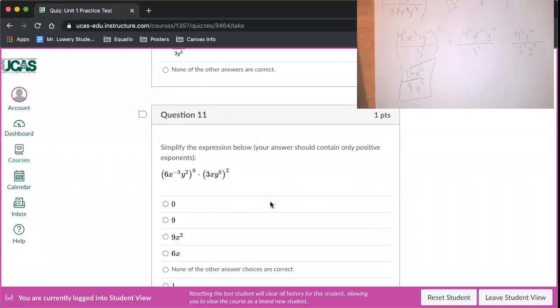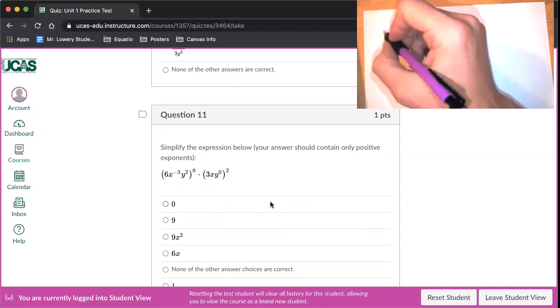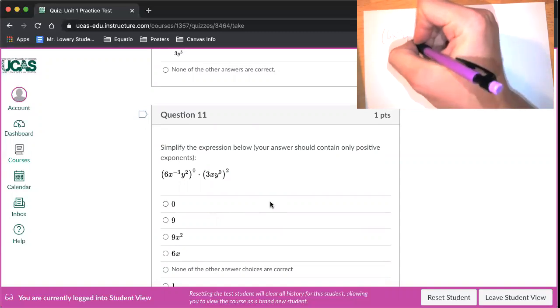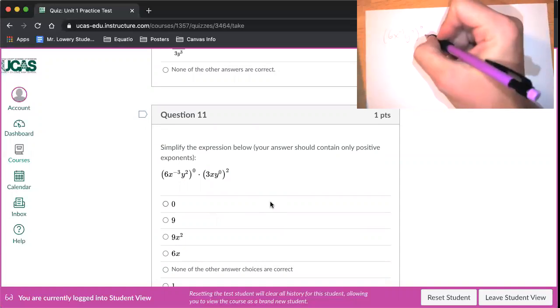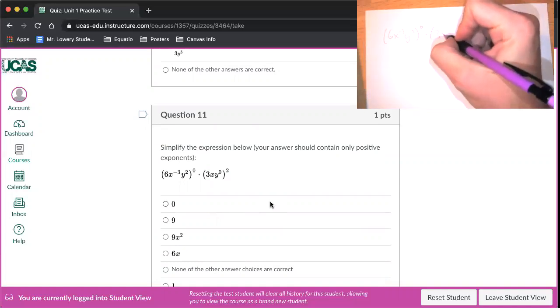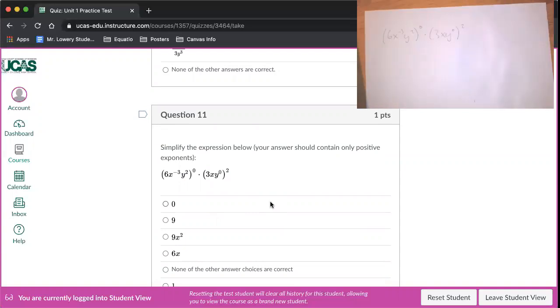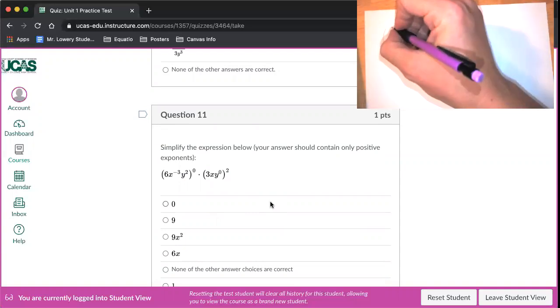All right. Now this one has a couple of 0 exponents. So the point is anything raised to the 0 power is 1. But we got to figure out exactly what is being raised to the 0 power. So when we're doing these, the first thing I would always do is start adding powers of 1 where you don't see them.